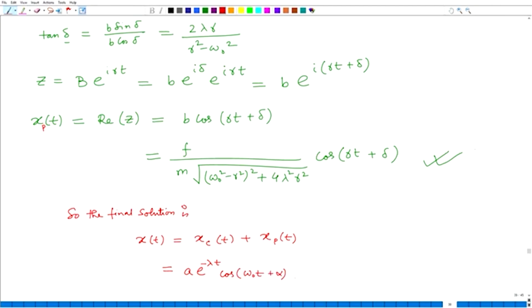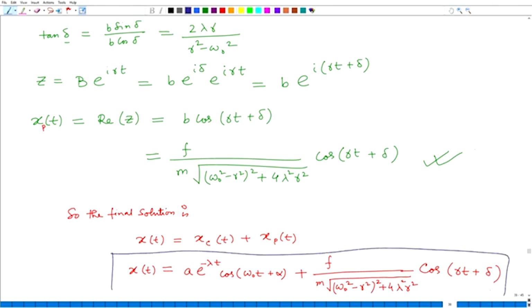Alpha is some initial phase for the displacement without forcing, plus b is now f by m root over (omega 0 square minus gamma square) whole square plus 4 lambda square gamma square. Then I can say cos(gamma t plus delta), and this finally completes and serves my purpose completely.